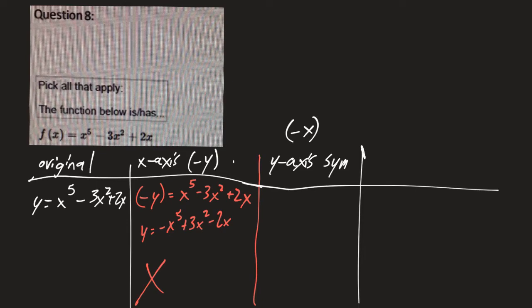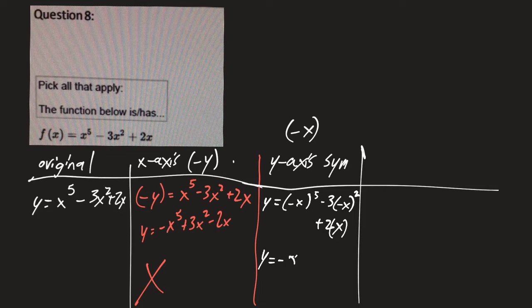I've got y equals negative x to the fifth minus 3 negative x squared plus 2x. That x is negative.